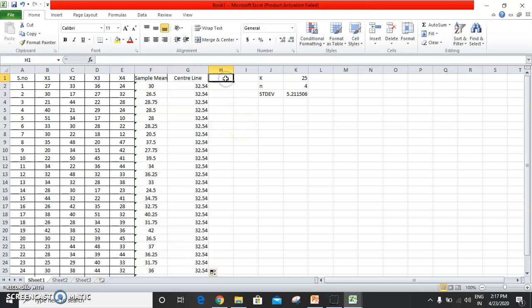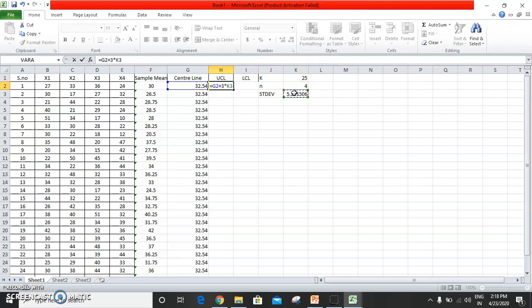Now we have to find out the value of the upper control limit and the lower control limit. For calculating the upper control limit, we use the formula in which we take the value of the central line, which we also called x double bar, plus 3 times the value of your standard deviation.